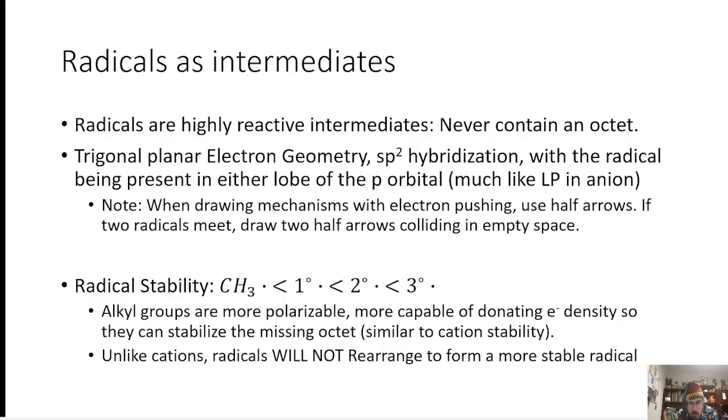So we don't have to worry about a secondary radical popping off and swapping to a tertiary radical. We're not going to see any shifts. So whatever we start with, it's going to stay.